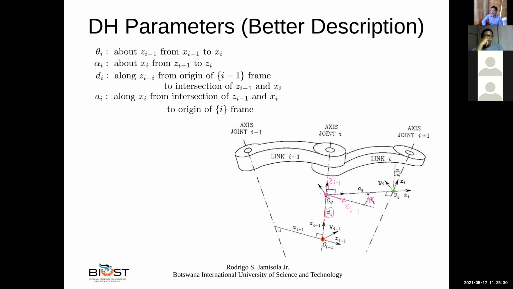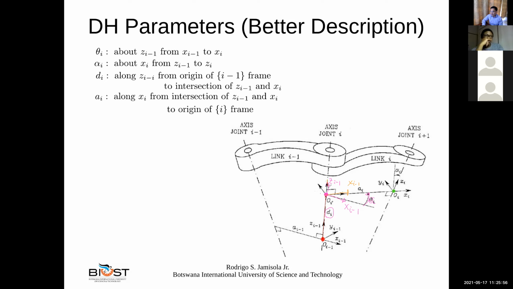Okay, so when it happens, what happened now? After that transformation, your ZI minus 1 remains in that direction because you only rotated about this, no translation. So what will happen is that this XI minus 1 becomes here. That is the second transformation.